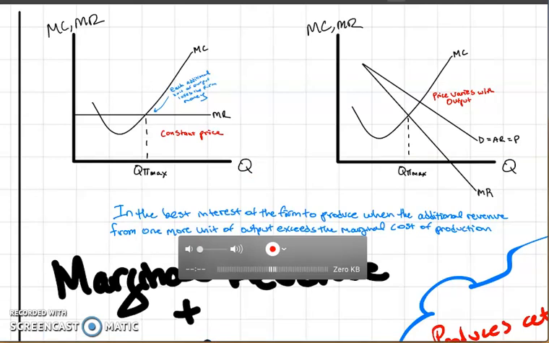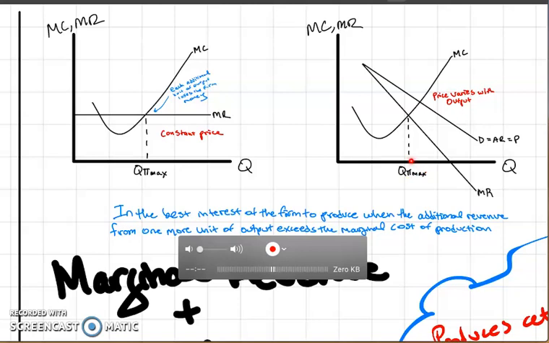So for both of these diagrams, the key idea here is that it's in the best interest of the firm to produce when the additional revenue from one more unit of output exceeds the marginal cost of production. This occurs at all points to the left of this Q profit max point in both perfect competition as well as other market structures, which include monopoly and oligopoly.